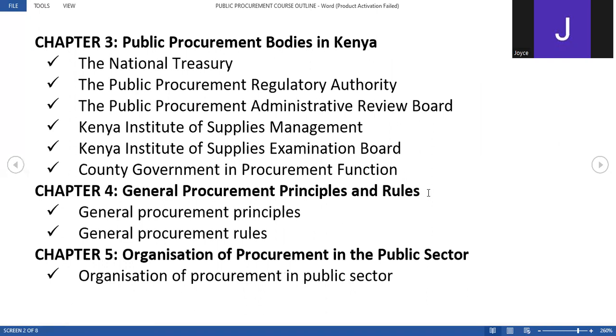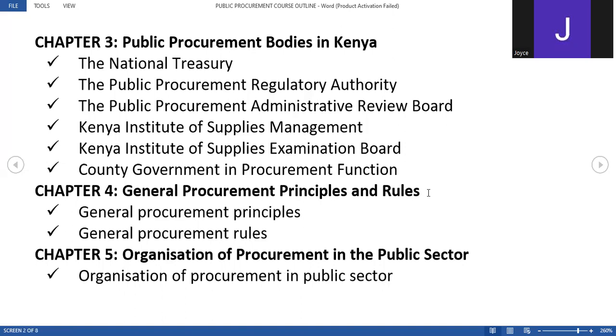And these are bodies that help to regulate the functionality of public procurement in Kenya. And that is why we have different bodies that help to do this. The first body is the National Treasury, which is normally referred to as the Ministry of Finance.